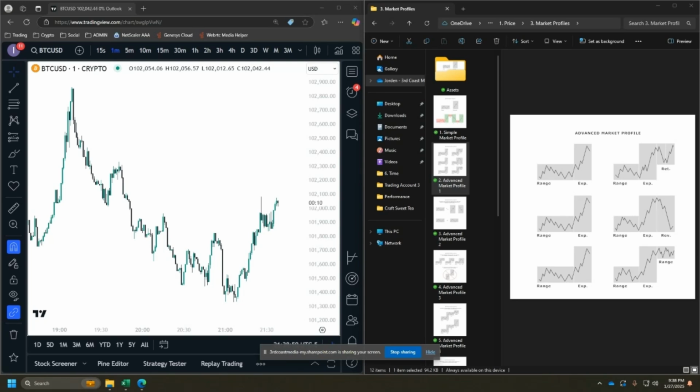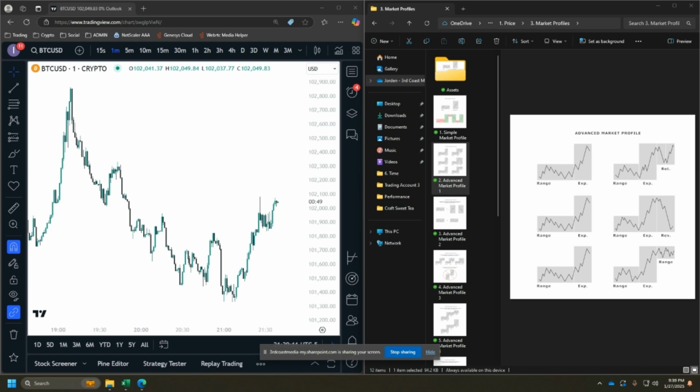All right. So those were the simple market profiles, ranges, and expansions. Advanced market profiles also include retracement and reversals.